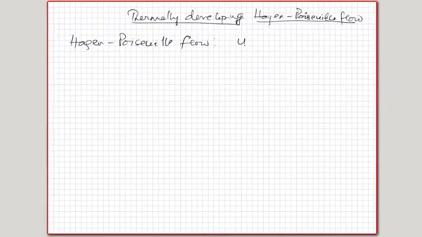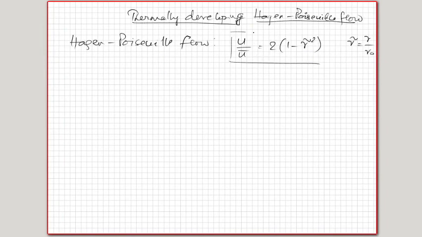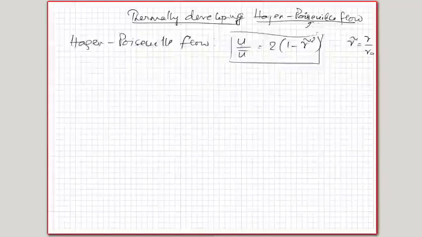I hope you all are familiar with this Hagen-Poiseuille flow. Hagen-Poiseuille flow is basically flow through a capillary tube, which basically means that u by u bar is equal to 2 times (1 minus r tilde squared), where r tilde is r by r naught, where r naught is the radius of the pipe. So this is the velocity profile that prevails here. So that's why we called it the Hagen-Poiseuille flow.